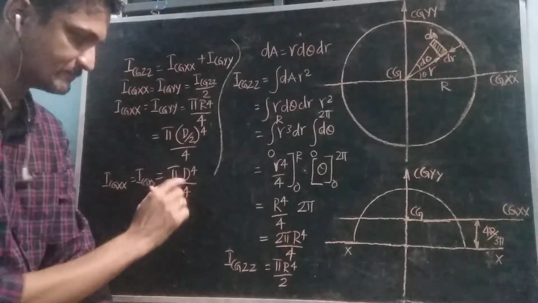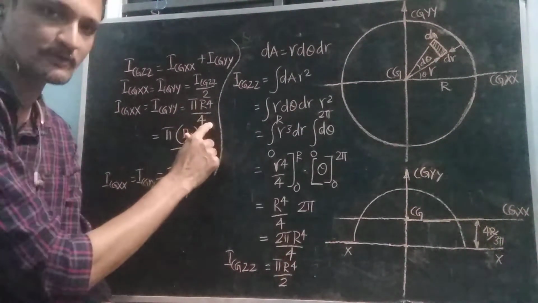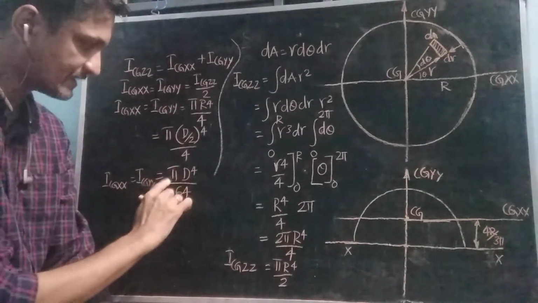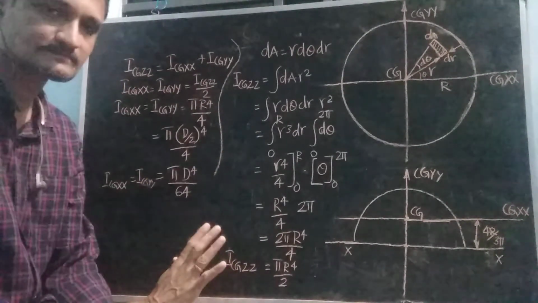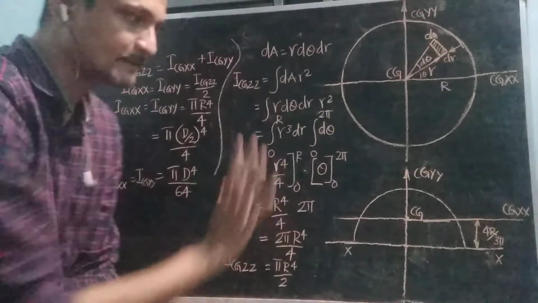Both are same, pi d raised to 4 by 64 or pi r raised to 4 by 4. We can use both equations. This is the final equation for moment of inertia for circle.